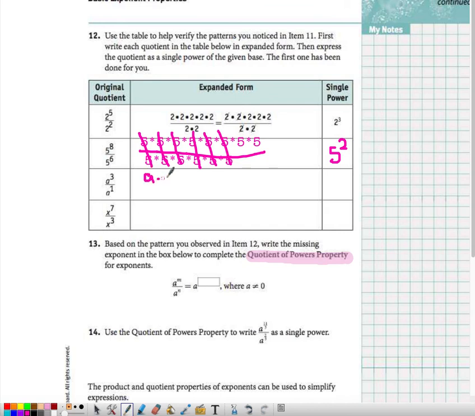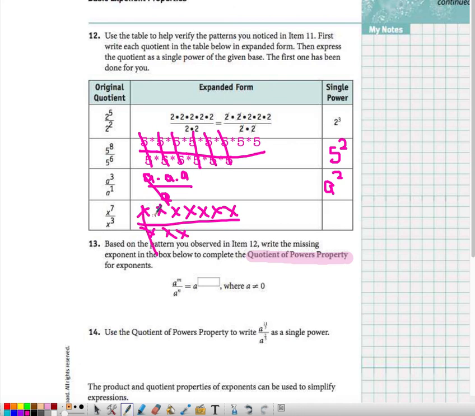So A times A times A divided by A, and there's that 1. We divide them out, and we're left with A to the 2nd. Again, X times X times X, X, X, X, X, divided by X to the 3rd.